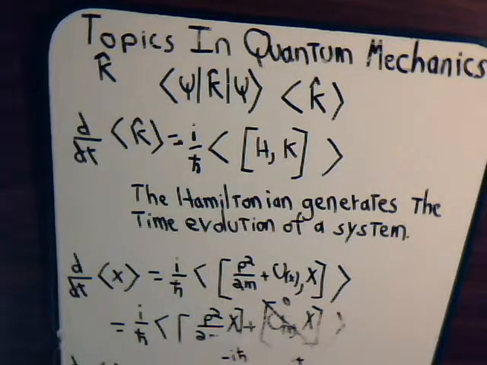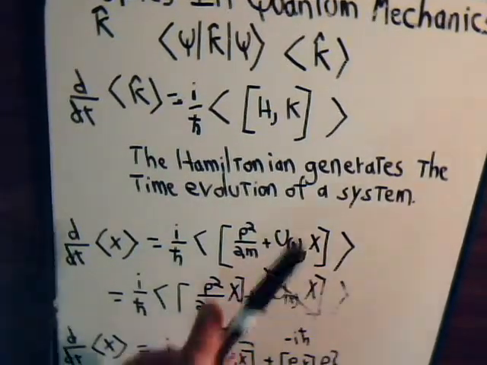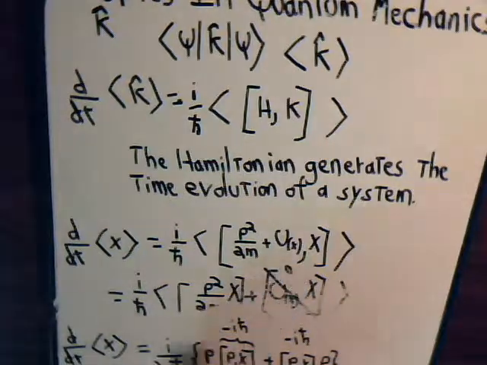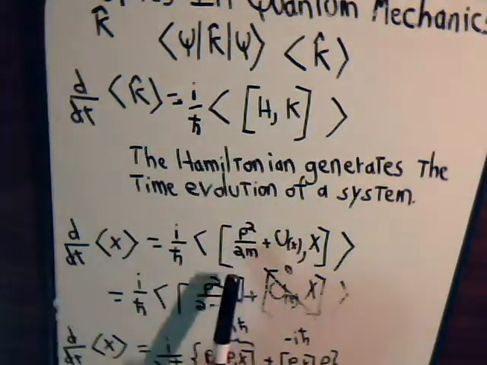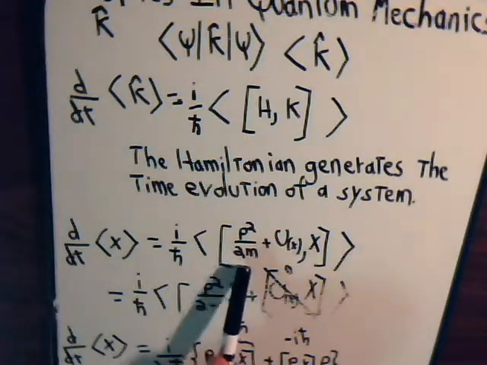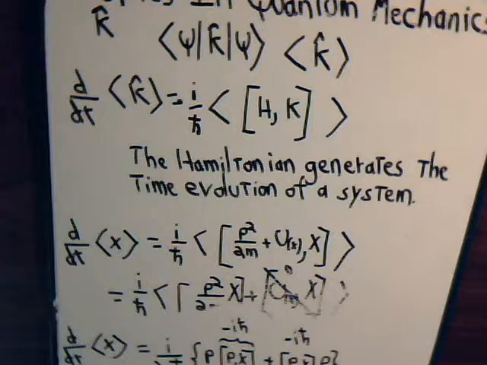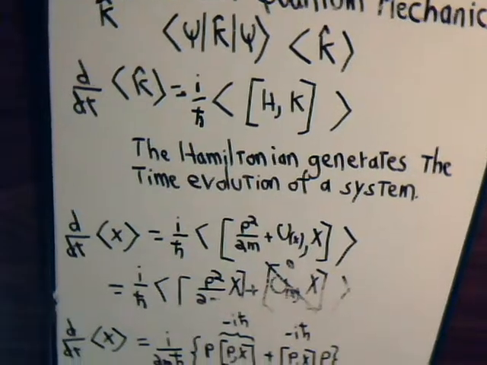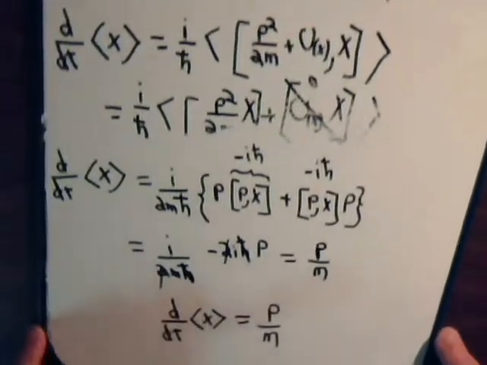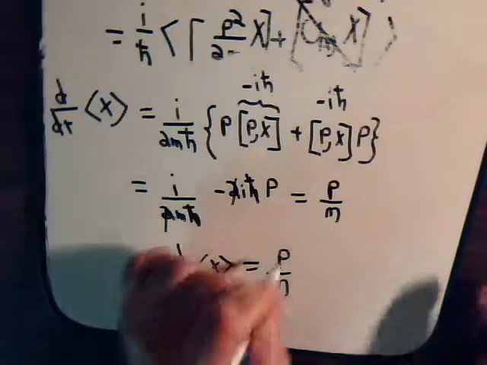Well, in this case, with position just simply being a coordinate on the x-axis, then we just have x in place of k, and then for H, we just substituted H equal to p squared over 2m plus the potential term, U of x. And then we just went through the algebra really, and then finally we get this expression.